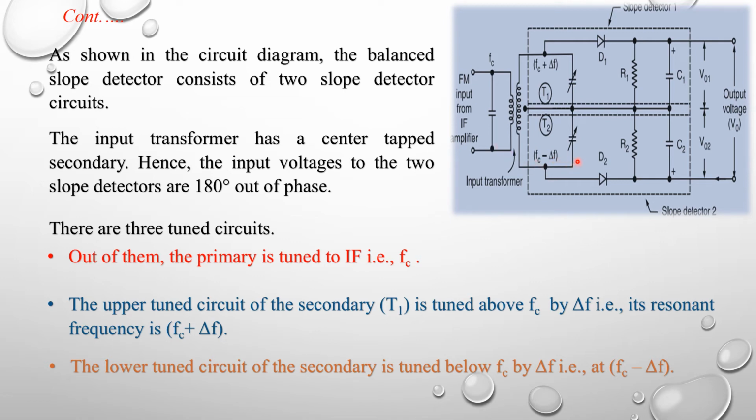The resonance frequency is 10 kilohertz minus 5 kilohertz, which equals 5 kilohertz. So we have three tuning circuits. The first one, the primary, is tuned to the intermediate frequency, that is the carrier frequency, the second one is Fc plus delta F, and the third one is Fc minus delta F.